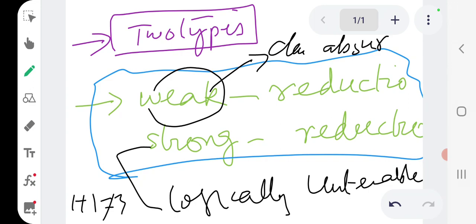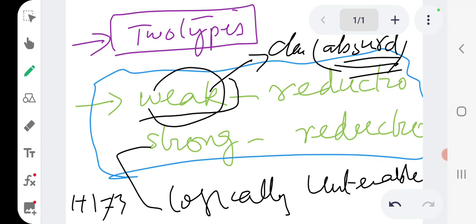So absurd is not always logically untenable, but you don't want to hold absurd or ridiculous claims. So even though logically speaking weak reductio doesn't refute your claim, it still shows that your claim leads to results which even you think are absurd.